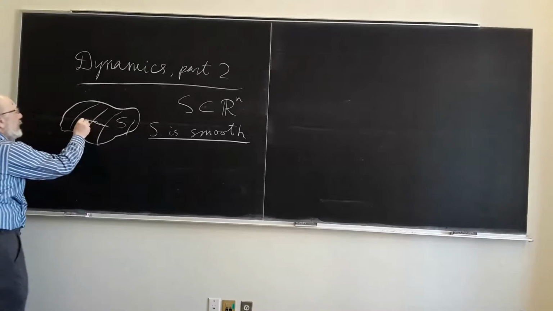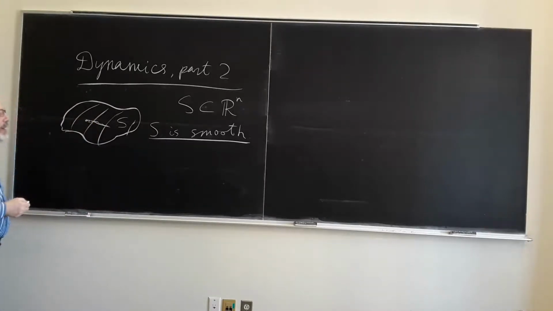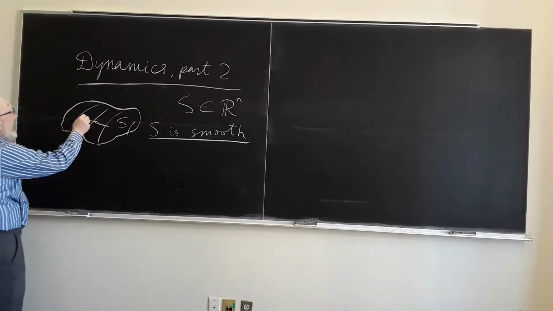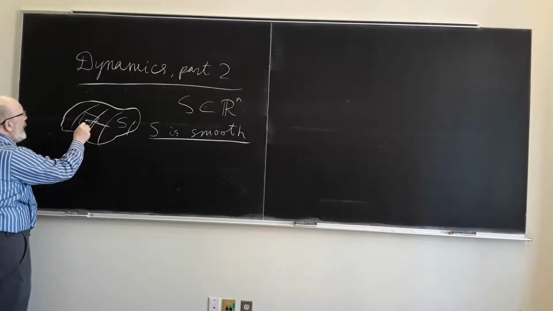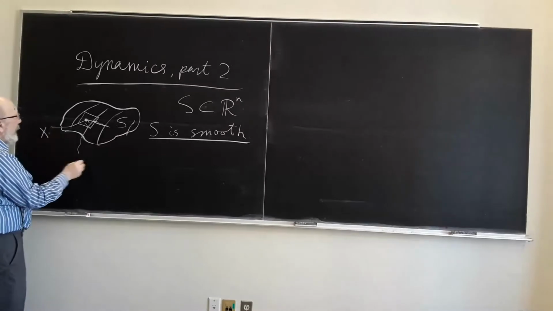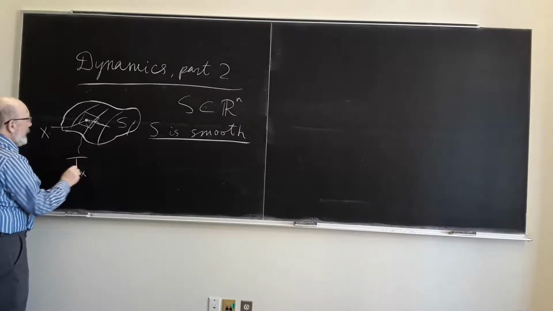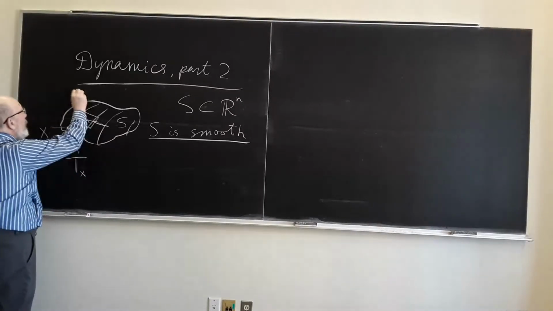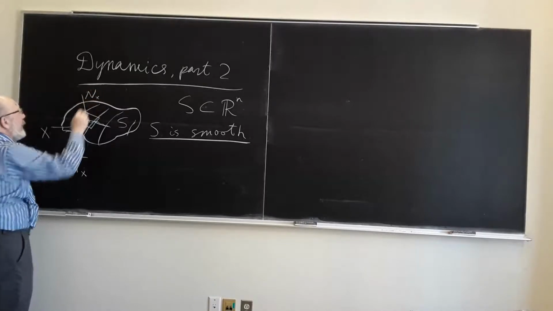So at every point x of this surface, we have a tangent plane T at the point x, and we have the normal plane N at the point x.